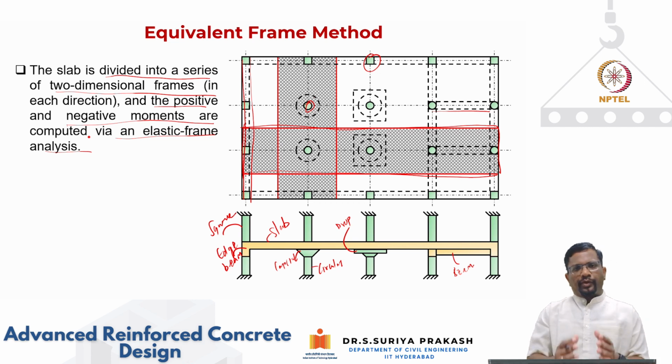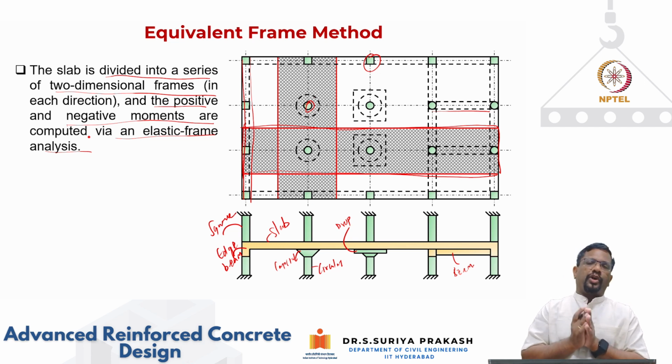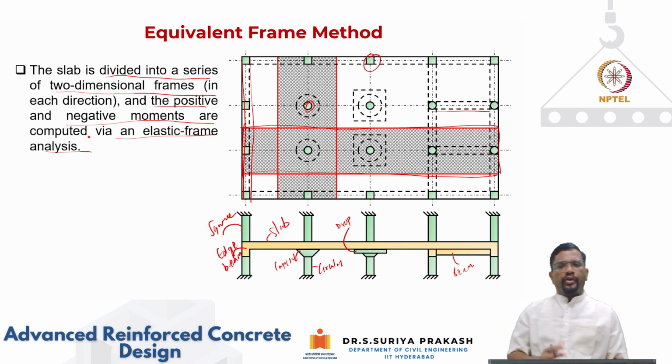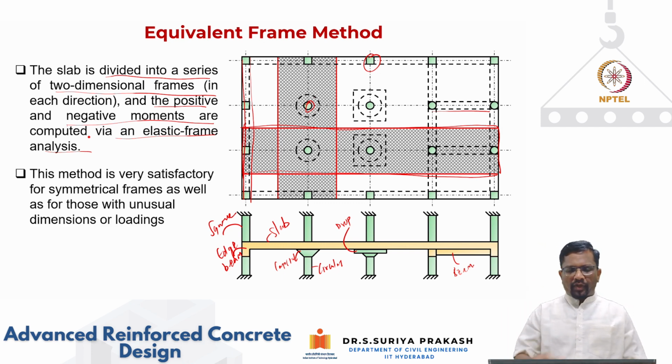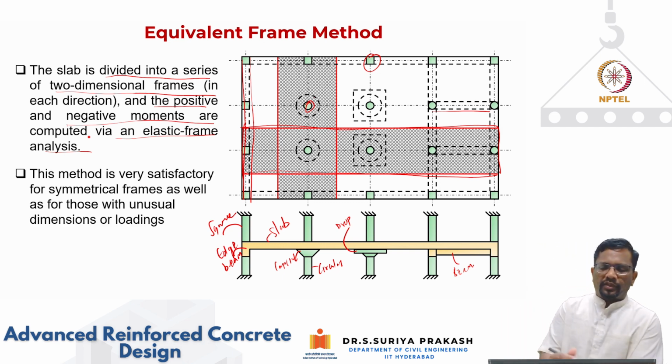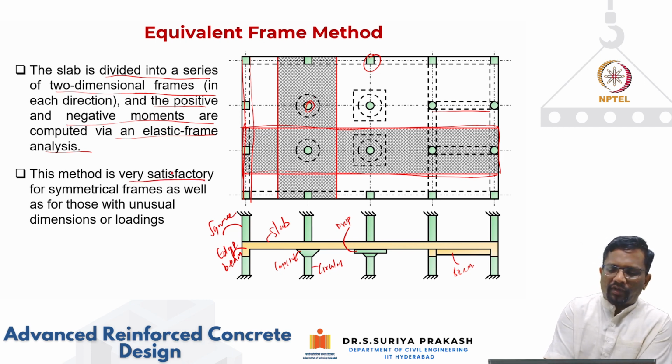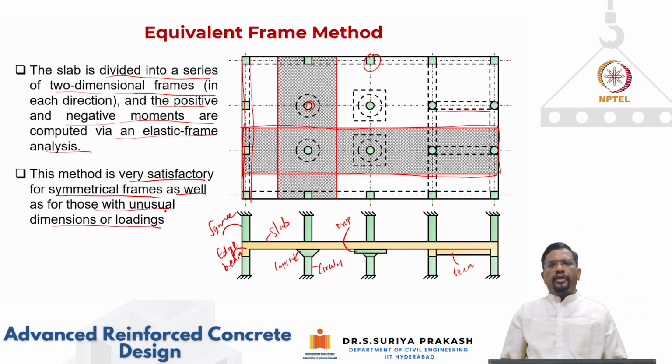To do frame analysis, I need to know the stiffness parameters for the frame. How to arrive at the stiffness parameters when the boundary conditions are changing is what we are going to discuss. This method is very satisfactory for symmetrical frames as well as for those with unusual dimensions or loadings.